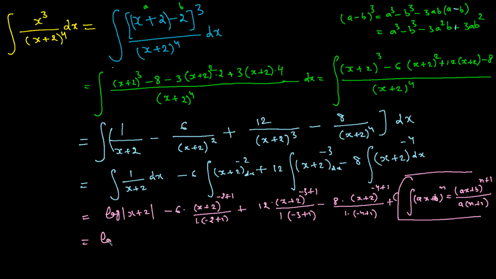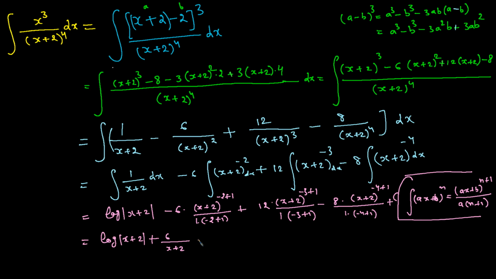So this gives me log of absolute value of x plus 2, and negative 2 times 1 is negative 1, and negative 1 multiplied by 6 over here makes it positive 6, and x plus 2 raised to power negative 1, which we can write in the denominator, plus 2 as a positive.